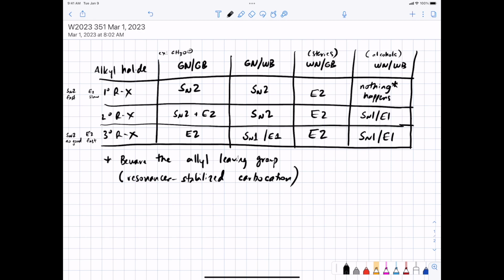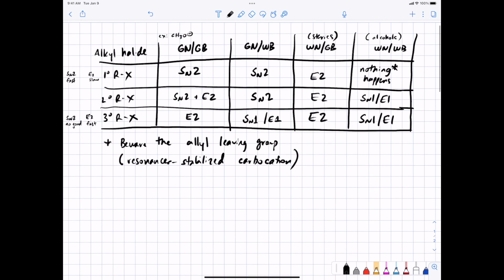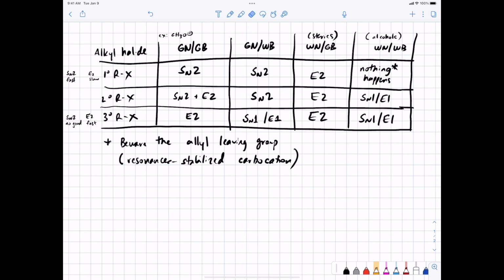Okay? Questions about that? Yes? You say the allyl leaving group, is the allyl actually going to be here, just affecting this situation where if this is the vinyl carbon and this is the allyl carbon, this is an allyl leaving group.